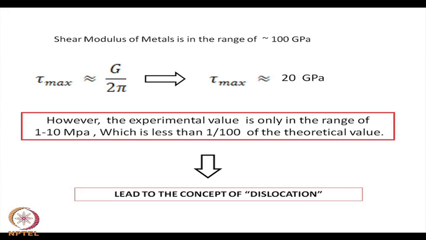The shear modulus of metals is in the range of about 100 GPa, and if you use that value, tau max is of the order of 20 GPa. It comes to about that value. However, this is a theoretical value from the atomic structure point of view.